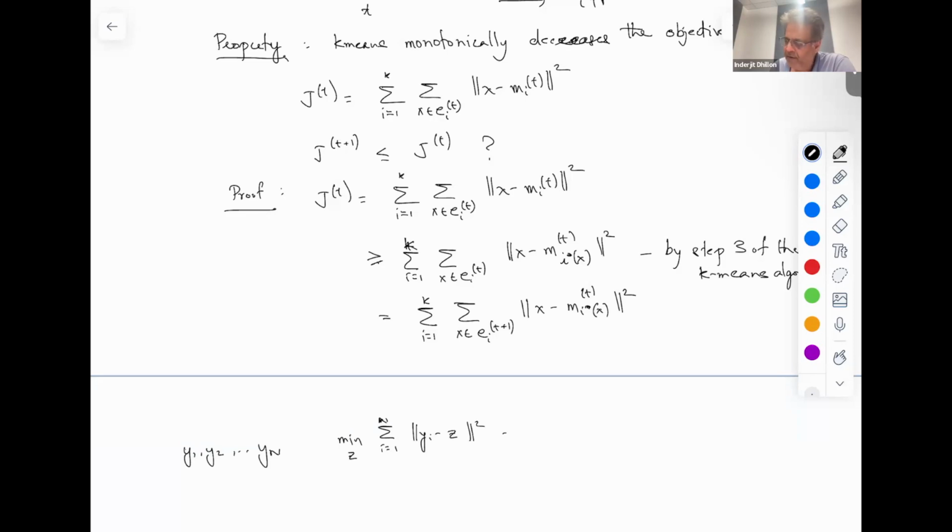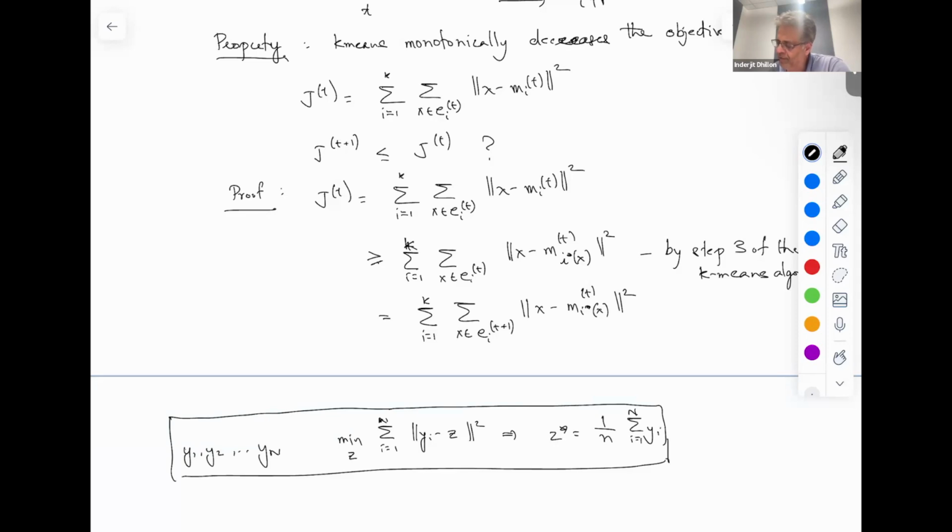Then the optimal z is just the mean. So the mean is the best representative, and this is the reason why. That's why it's kind of like the center of gravity.